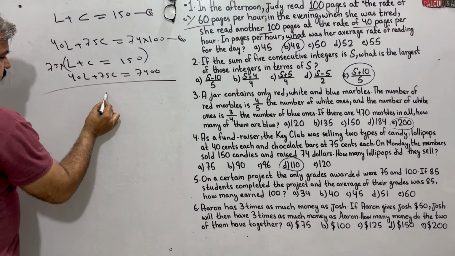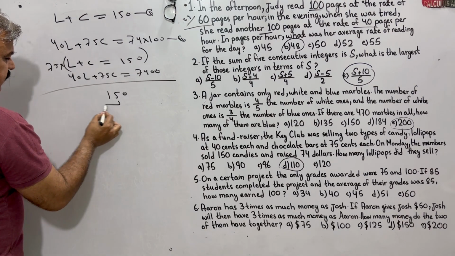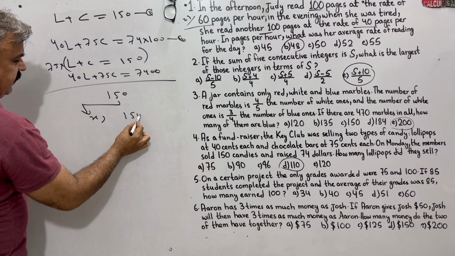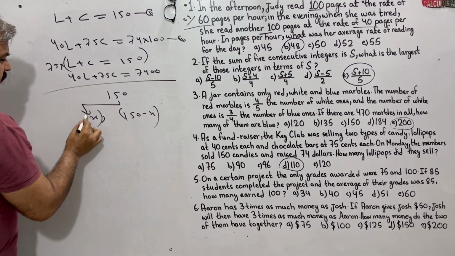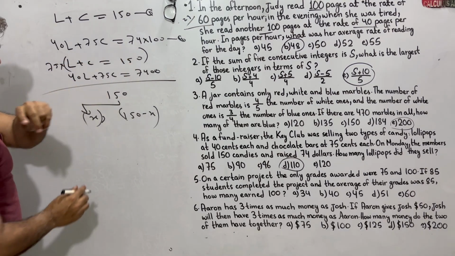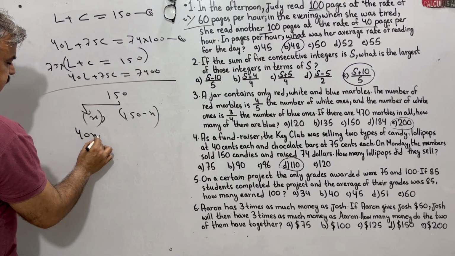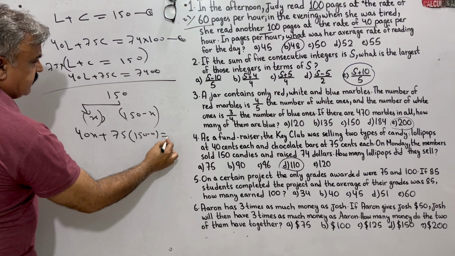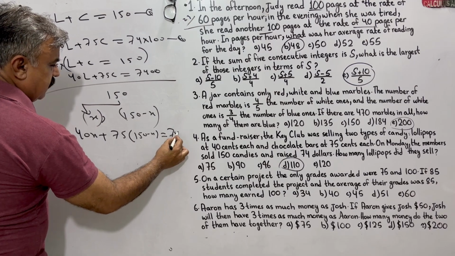But in this strategy, the total 150 splits into x and 150 minus x. Look, we have a single unknown, that is x. If we make the same model here, 40x plus 75 times 150 minus x, that is the total revenue 7400.